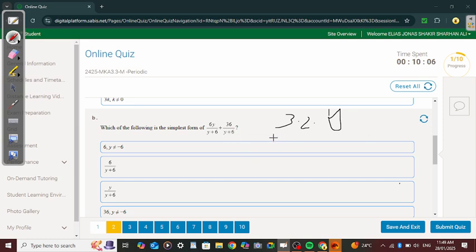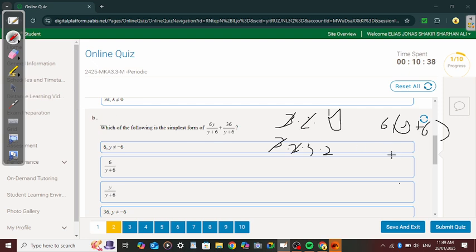And 36 could be split up into 3 multiplied by 2 multiplied by 3 multiplied by 2. The greatest common factor is just 6, and in the bracket it leaves y plus 6. 3 multiplied by 2, and then y.